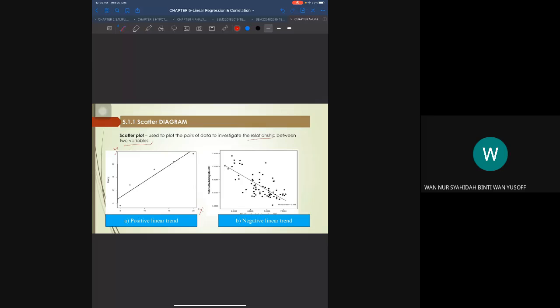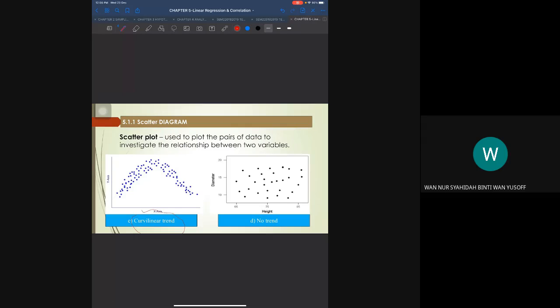We have four common comments that we can write about the scatter plot. First, positive linear trend: X increases, Y also increases. Second, if X increases but Y decreases, you have a negative linear trend.